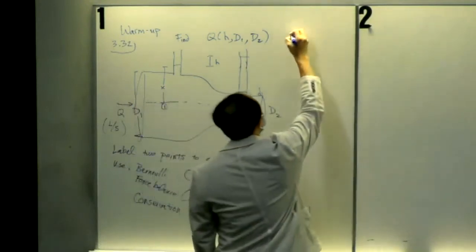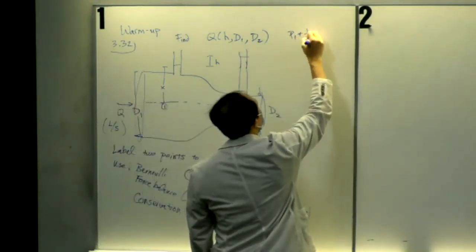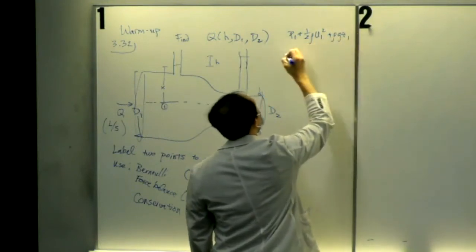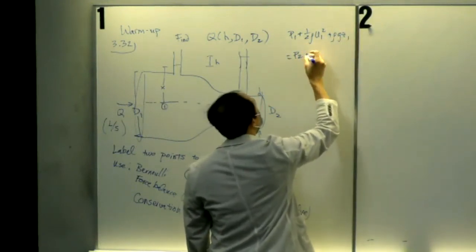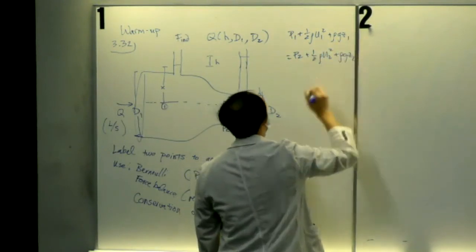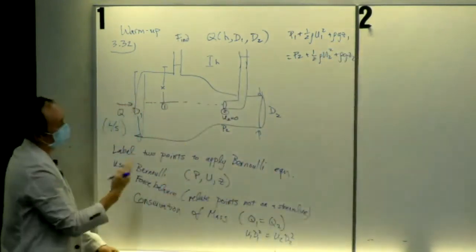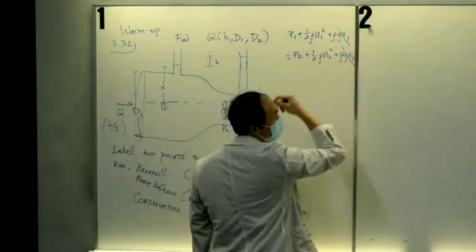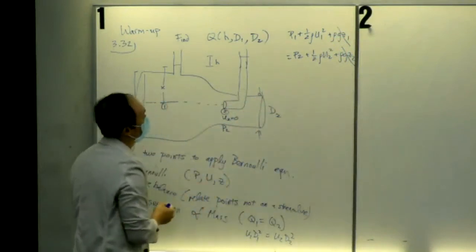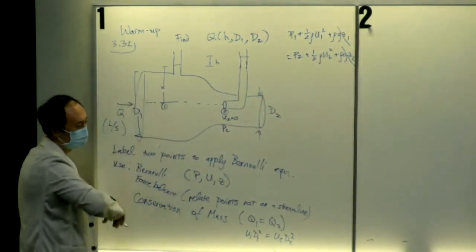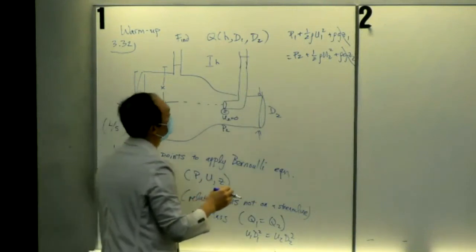So we got P1 plus 1/2 rho U1 squared plus rho g Z1 is equal to P2 plus 1/2 rho U2 squared plus rho g Z2. The other nice thing about choosing it horizontally is that you know for sure that the z's are equal, because it's not going up or down, just like a ball is not going to change in speed unless it goes up, without drag.